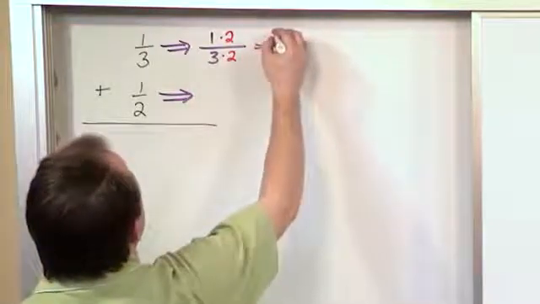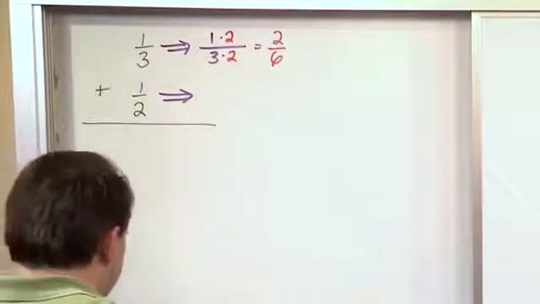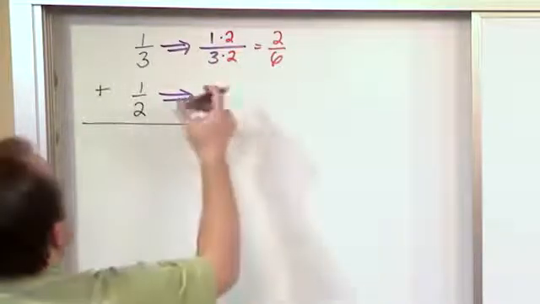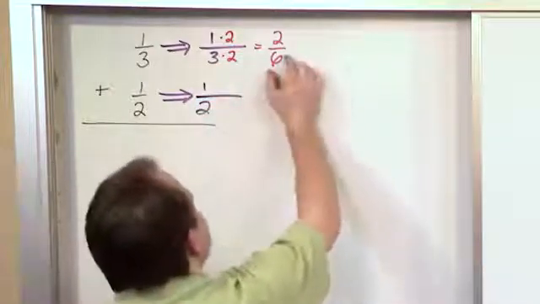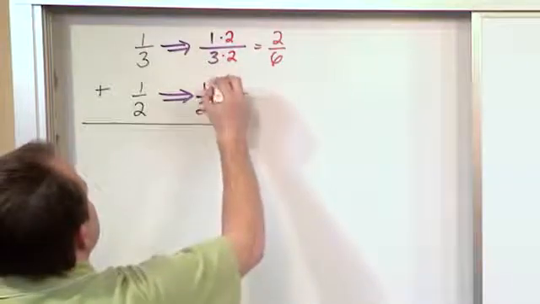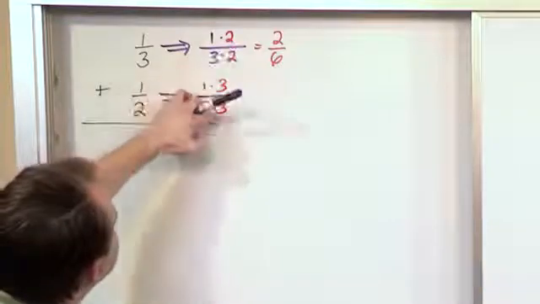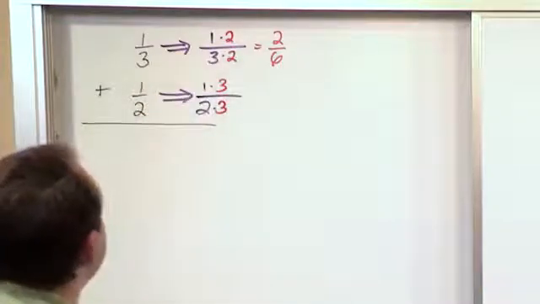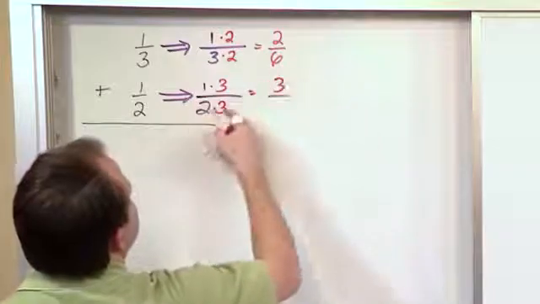Here I will have 2/6, because 1 times 2 is 2, 3 times 2 is 6. All right, and then if I take this guy, I'll have 1/2. If I'm trying to find a common denominator of 6, what do I have to multiply here? 2 times 3 on the bottom, and also times 3 on the top. This fraction, as long as I multiply top and bottom by the same number, I'm okay. So what I will have here is 3 times 1 is 3, 2 times 3 is 6.